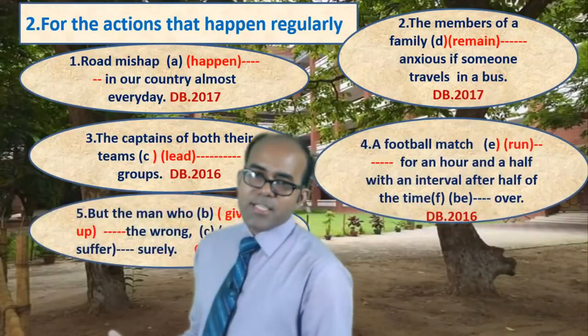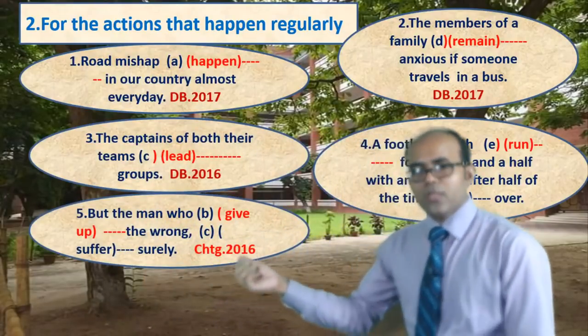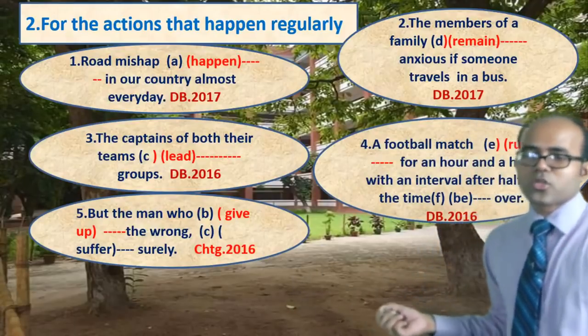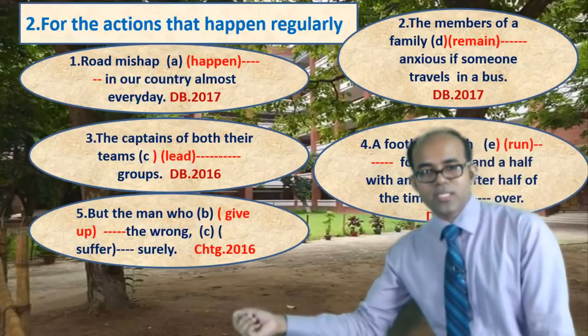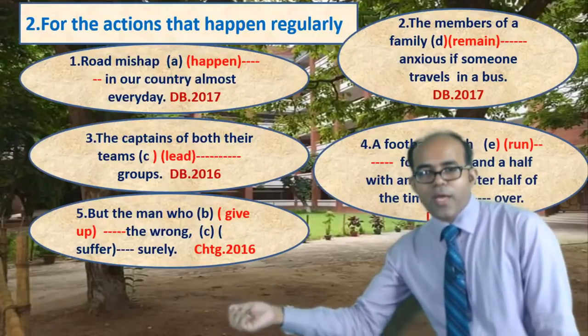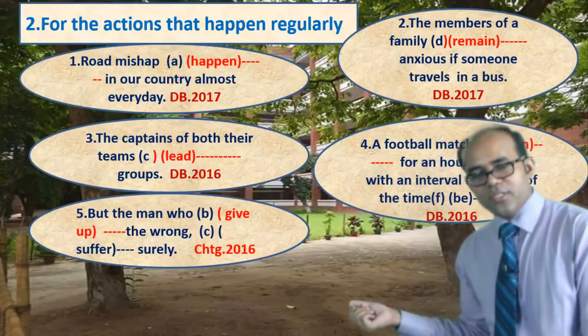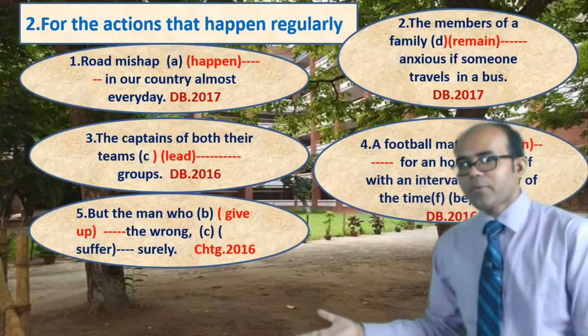The last question you can answer very quickly. But the man who dash wrong dash surely. See, this is a part of the question, not the whole question. The name of the board is there. But the man who gives up the wrong suffers surely. Again, this is happening for everybody.